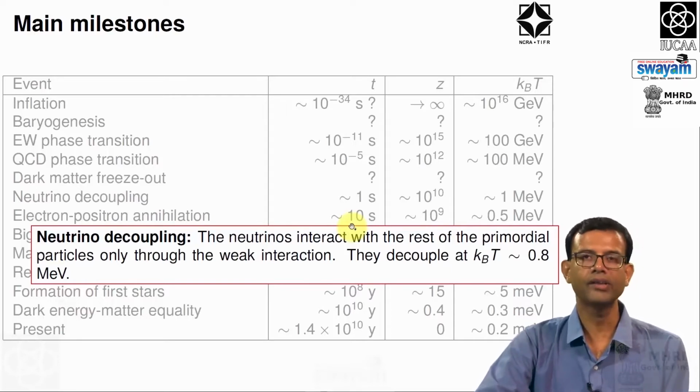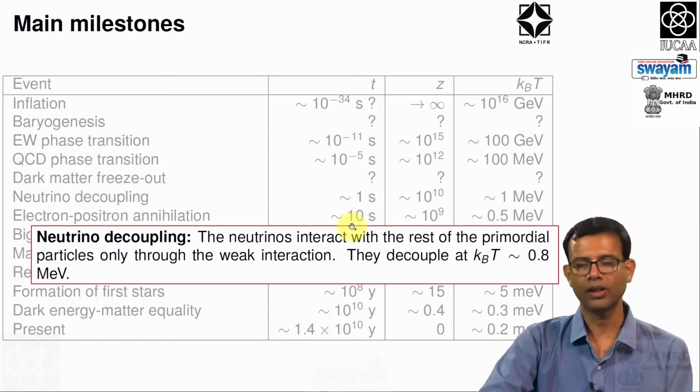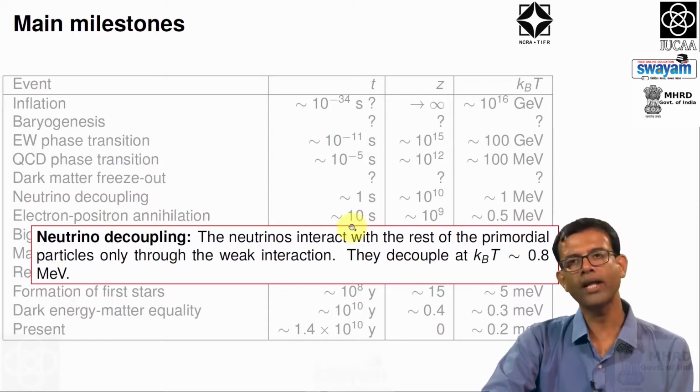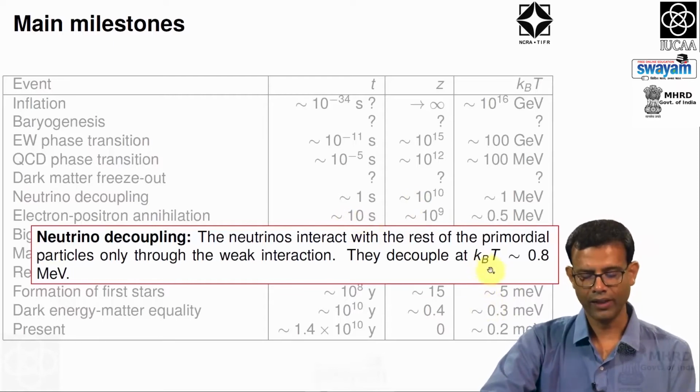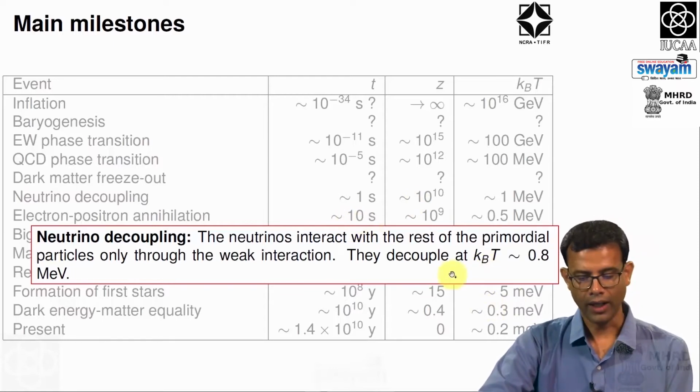Okay? Their temperatures decrease because of the expansion of the universe, but they do not interact with any other matter. This decoupling happens when the temperature is around again 1 MeV, 0.8 MeV or so, 1 second after the Big Bang.